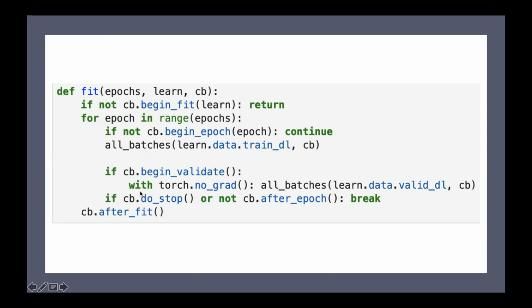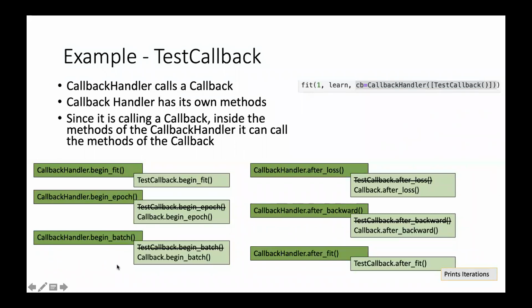So all of this is there. So that all of these methods will be checked one by one here, right? So I will check my begin batch. I will check my after loss. I will check my after backward. I will check my after epoch, and then finally to after fit.